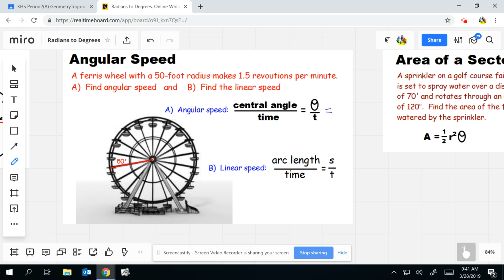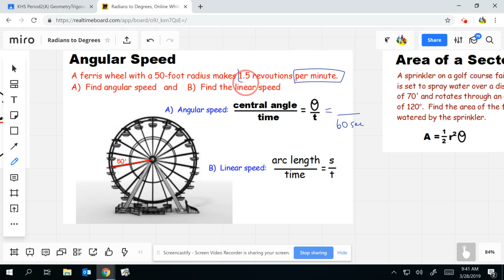Our time is per minute, but it might make more sense to go per second, so our time is 60 seconds. I could have put 1 minute too, it just makes the number bigger. I'd rather use seconds.